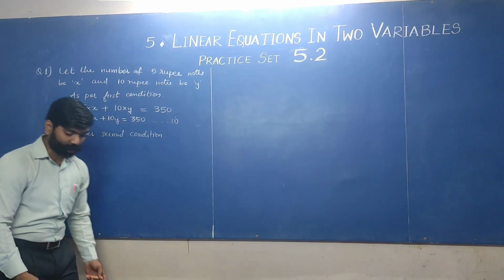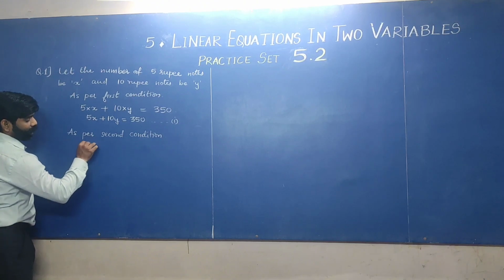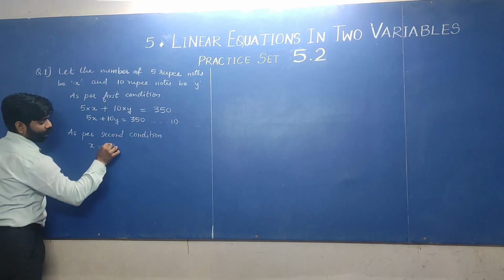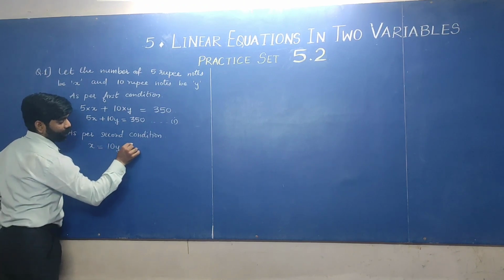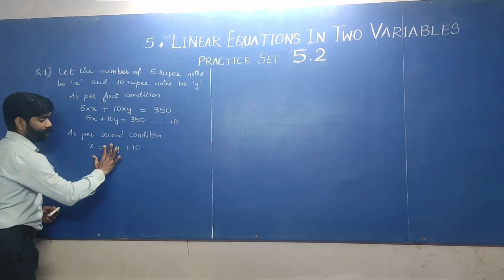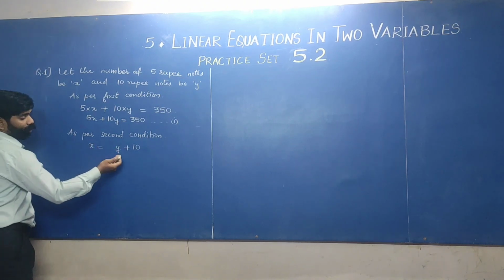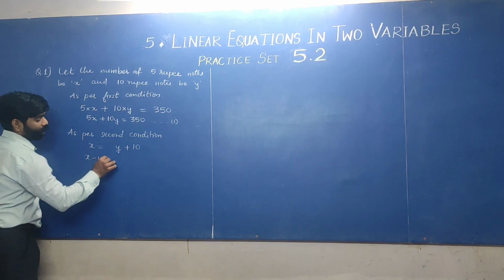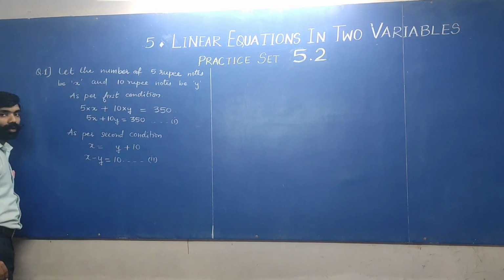So the 5 rupee notes, that is X, is equal to the 10 rupee notes, sorry, not the 10 rupee notes, the amount is not given, we have to take the number of notes, so Y plus 10. So we will take this Y to the left hand side. We will get X minus Y is equal to 10. This is our equation number 2.